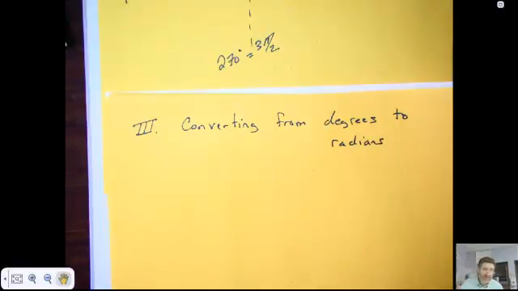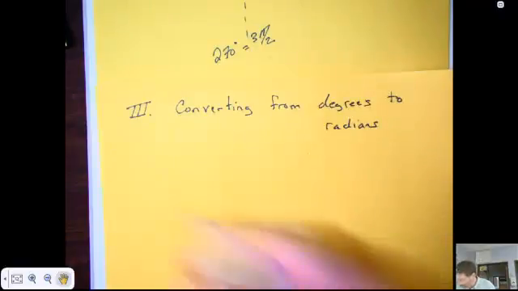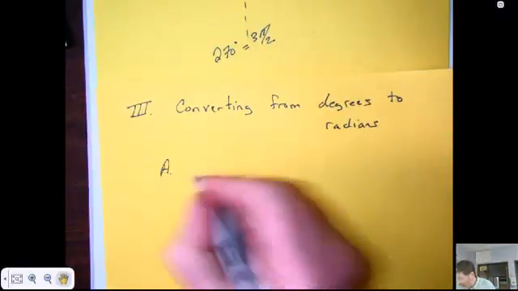Now, we're going to do conversions just like we did in science, like we did in chemistry or in physics. You know, in chemistry you do a lot of the molar mass conversions. Physics, we do a lot of the metric conversions. But in all those, you multiply by a unit fraction. We're going to do the same thing with this.